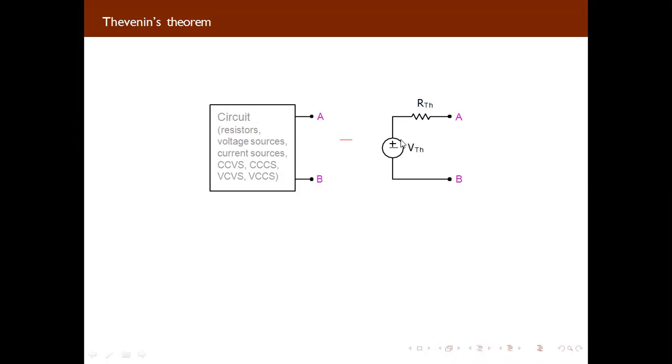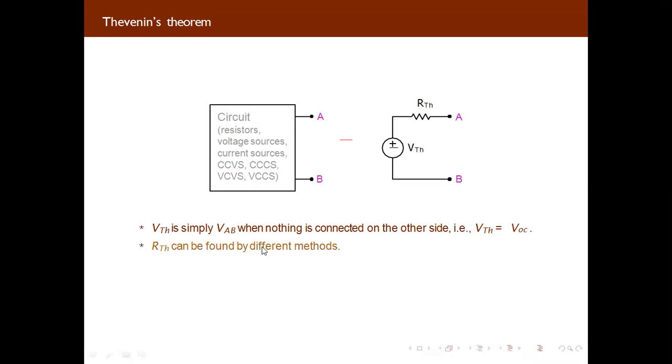We can see one example. What we are saying here is that the Thevenin voltage is nothing but the voltage across point A and point B. So we can say this is the open circuit voltage. VOC is nothing but the open circuit voltage.